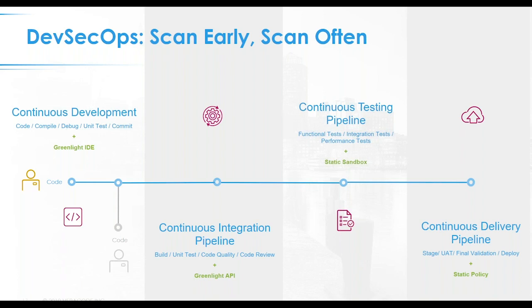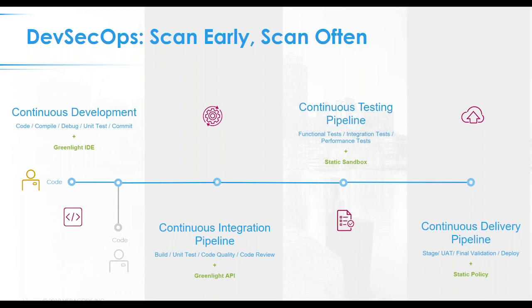So that is why when you move into the integration portion of your DevSecOps lifecycle, you want to make sure that you're getting frequent feedback on a commit or a merge before it moves downstream. This can be triggered typically on feature development or master branches. You would be running your builds, your unit tests, code quality, and Greenlight as well on those changes that have just been checked in.